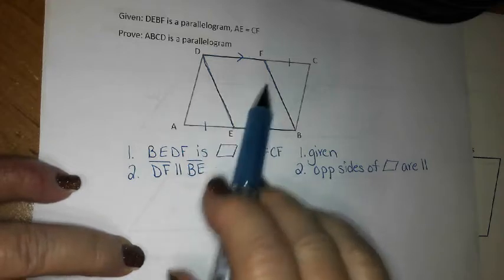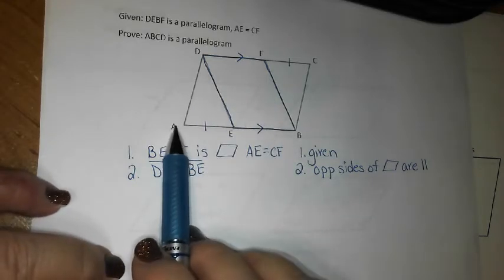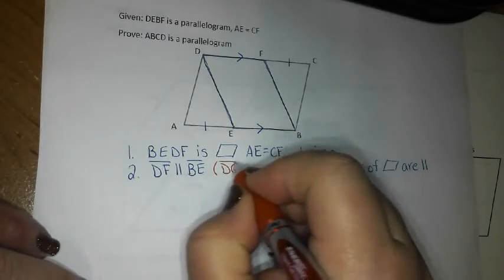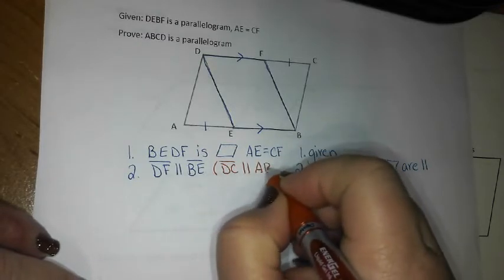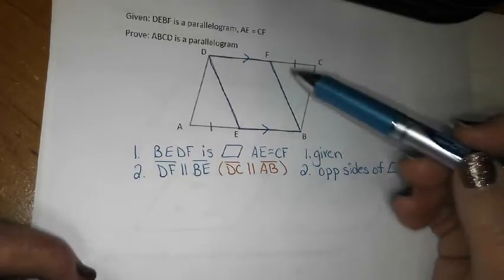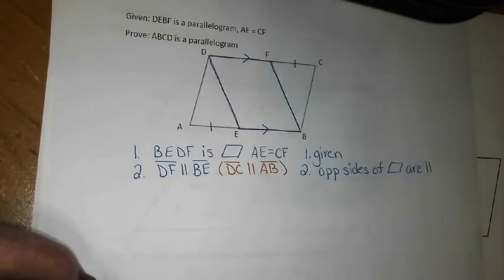Now, if DF is parallel to BE, isn't AB parallel to DC? I'm going to kind of put that in parentheses, because technically segment DF, and if you make it a line, line DF and line DC are the same line. So I'm going to kind of put those together. That works. Now, if only I could make the top and bottom congruent to each other.